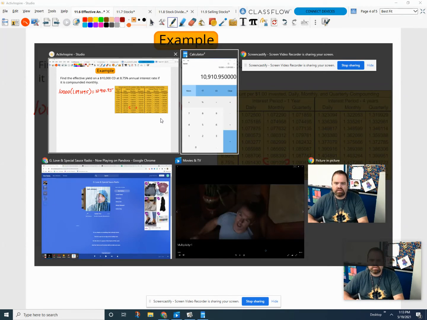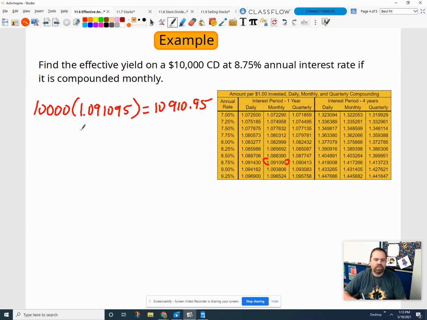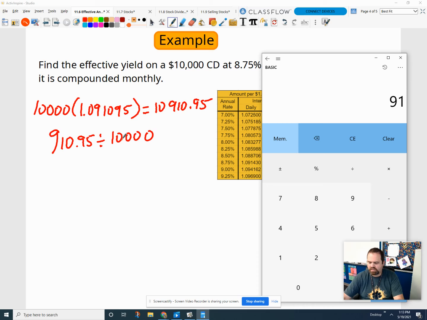Double check that. Yep. I hate this tab stuff. So their interest earned was $910.95. I'm going to divide that by the original 10,000. 910.95 divided by 10,000. Again, two places to the right.